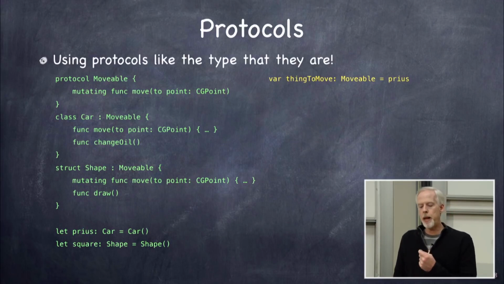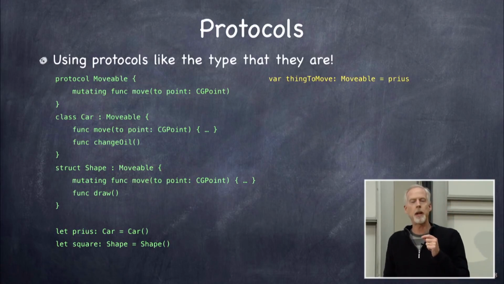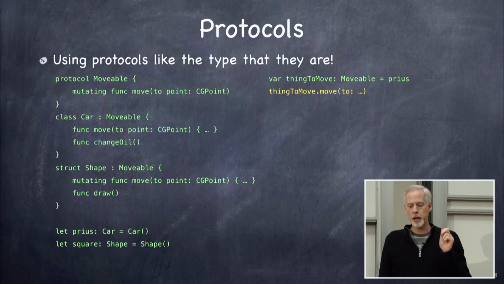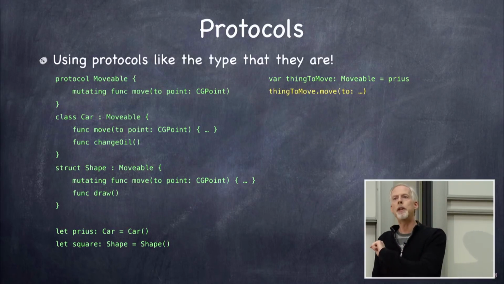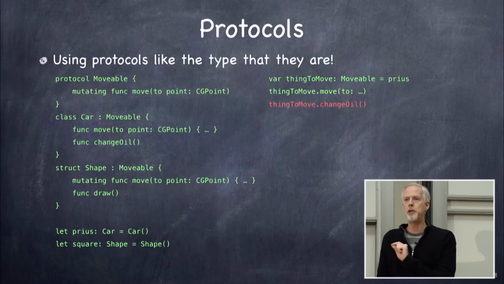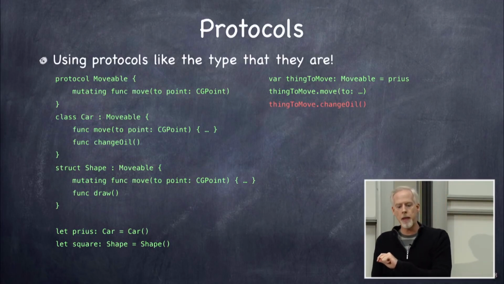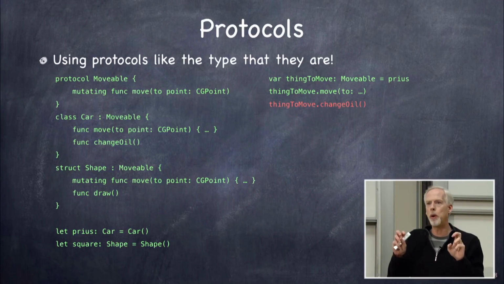But this has made a variable that is not of type Car, or something like that. It's of type Movable. So I can send messages like thingToMove.moveTo. That's perfectly legal, but I cannot say thingToMove.changeOil. Even though a Prius is a Car and a Car implements changeOil, do you see why I can't send that to thingToMove? Because thingToMove is a Movable.